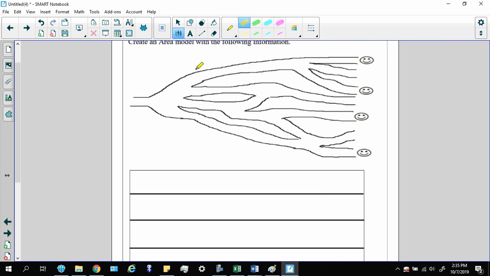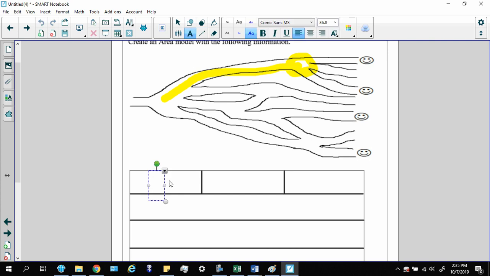So the very first trail, walking. Hey, look at that. I got 3. So I'm going to try to cut this in 3. Put it right there. Put it right there. All right. So 2 of them end in a smiley. So I'm going to put a smiley right there. Smiley.